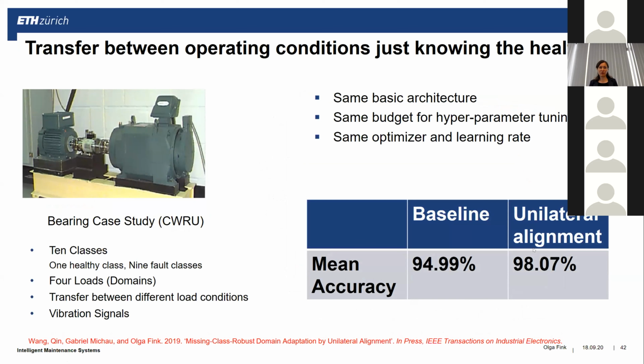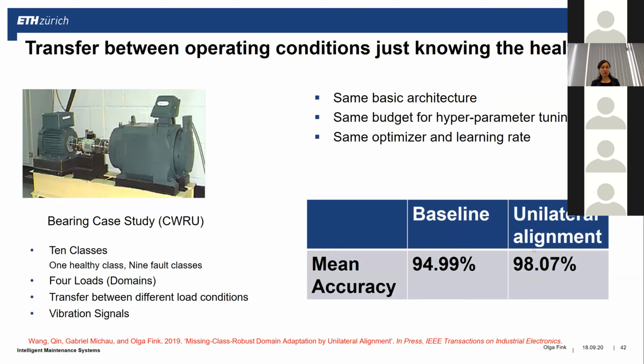What I'm showing you here is the case that for the source, we have all the fault classes and healthy class available. But for the target data set, during the training time, we are only using the information from the healthy conditions, but we are still testing the models on all the different fault classes during the testing time.